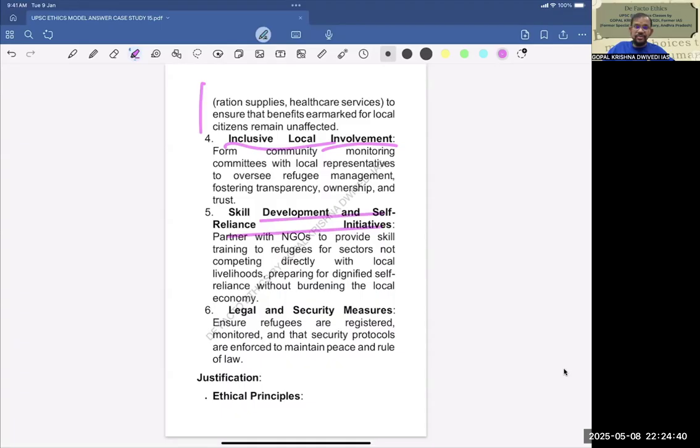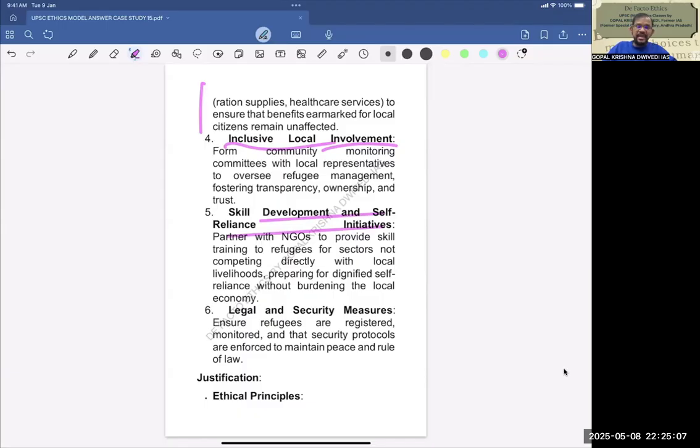Partner with NGOs to provide skill training to refugees for sectors not competing directly with local livelihoods. This is very important. So you leave those sectors which are affecting the livelihood of local people. Go to other sectors and try to train or upgrade the skill of refugees in those sectors which are not affecting the locals.